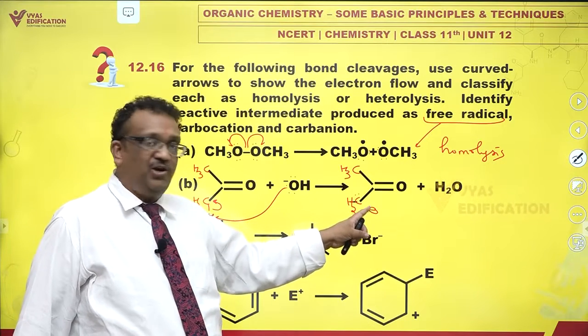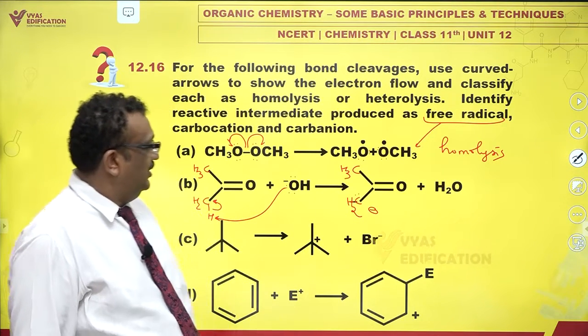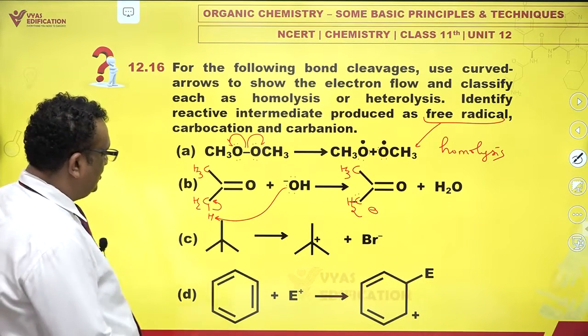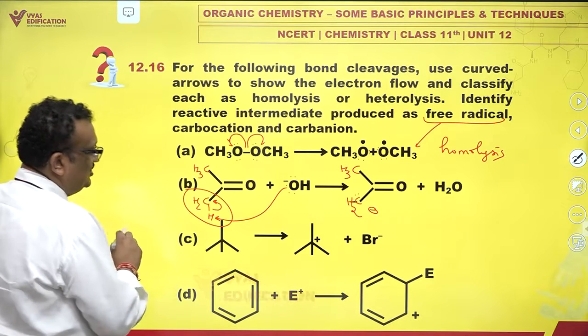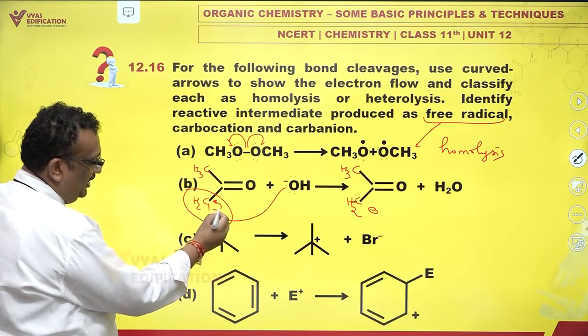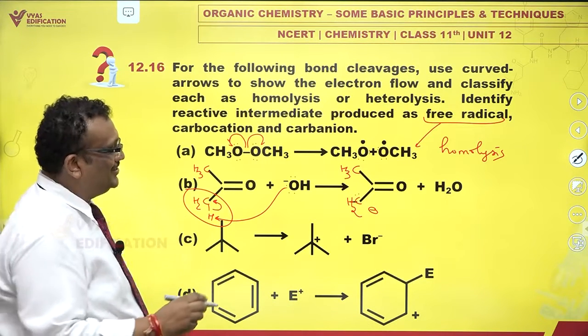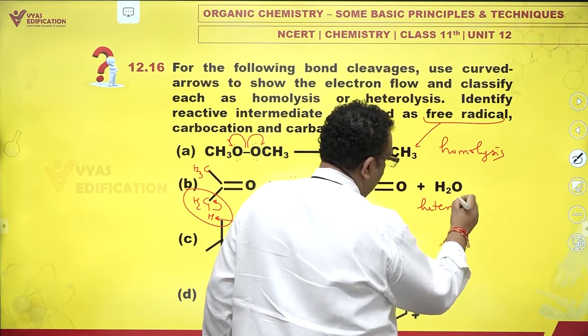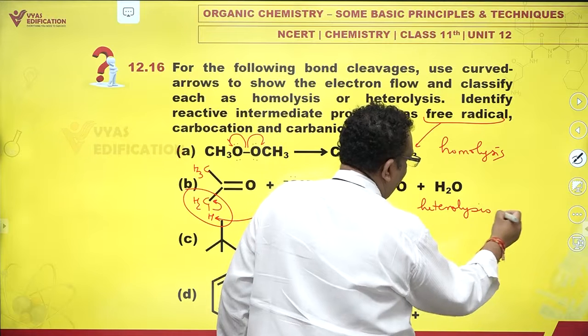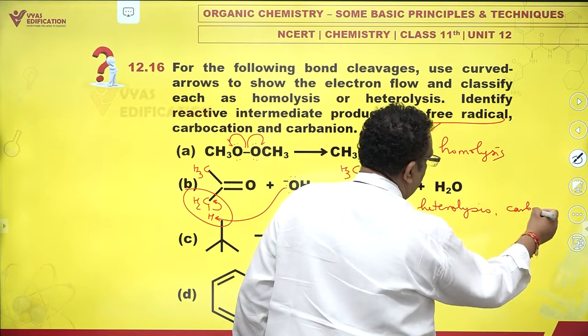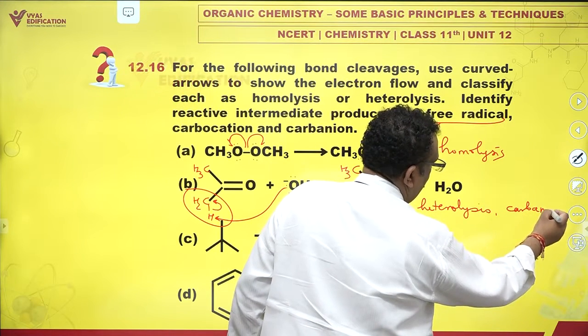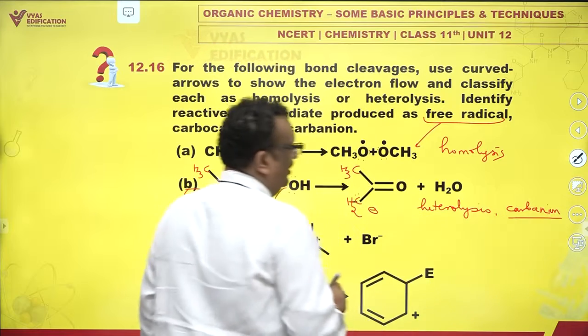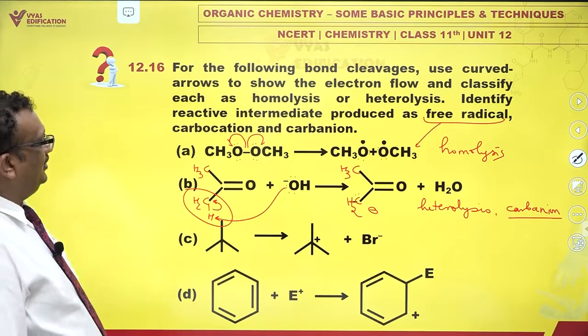This does not mean an extra lone pair, please note. This is it. So, do you see? This is the way we show the bond breaking like this. This is heterolysis. And we have obtained a carbanion. Is it a carbanion? Yeah.